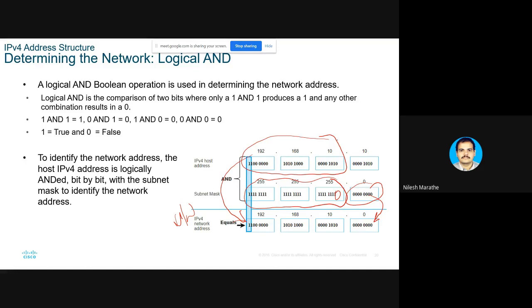Last bit is 0, means it belongs to the host portion. This bit, it belongs to the host portion. So what will the network ID become here? 192.168. What will it become? Hello? What is this? 9.